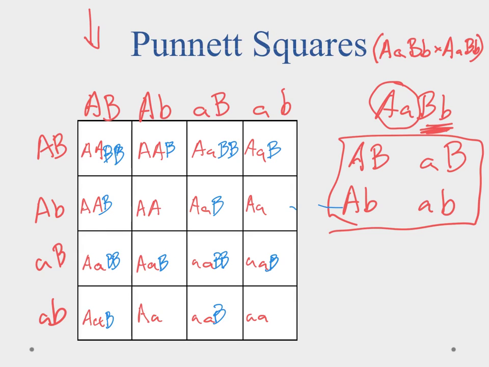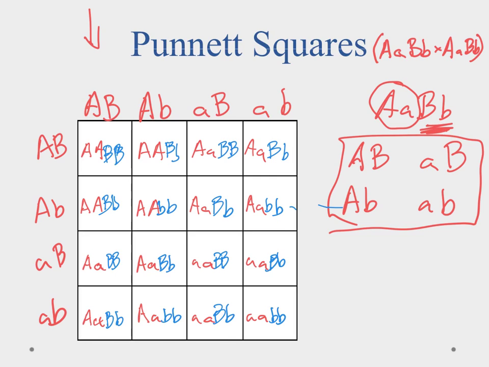And then finally we do our lowercase b's going down. And you can guess the last step here as we do our final lowercase b's, and these will be going across. And now we've completely filled out our Punnett square.